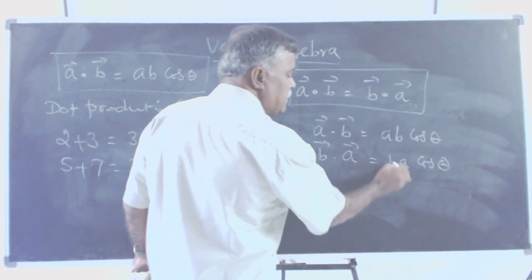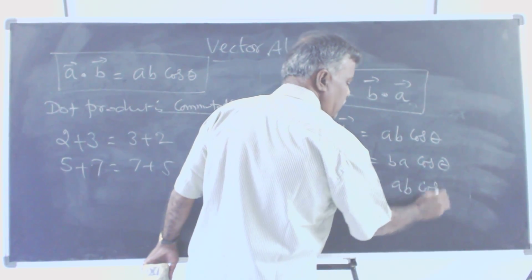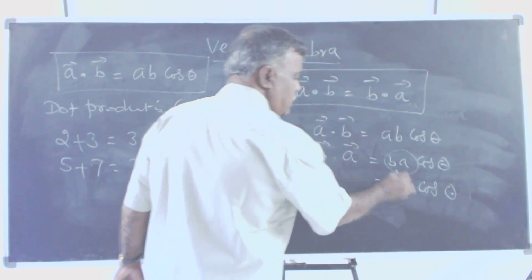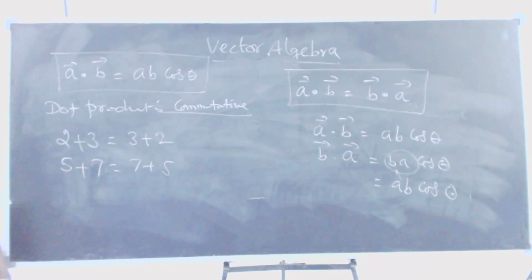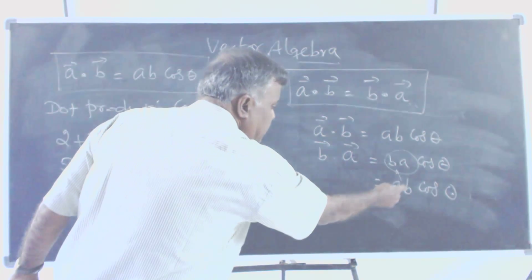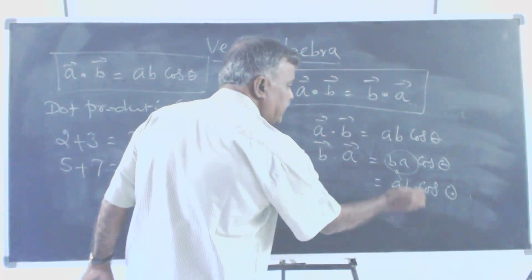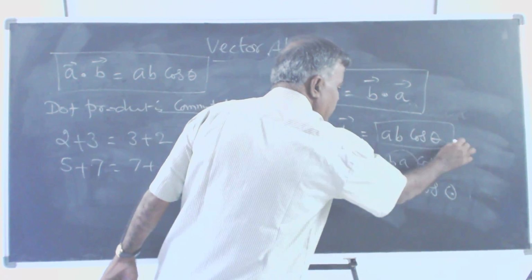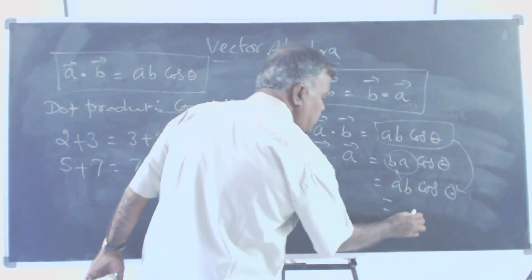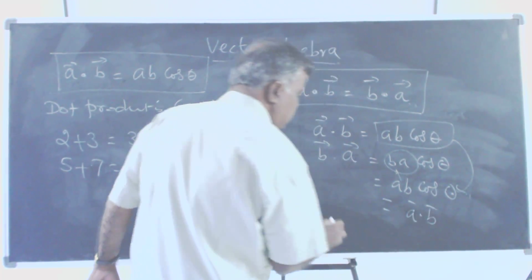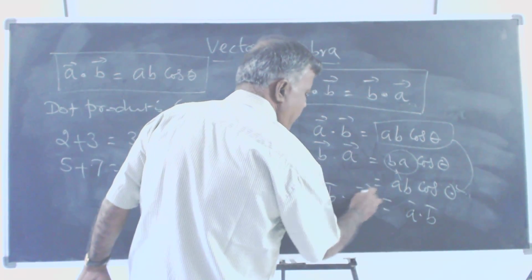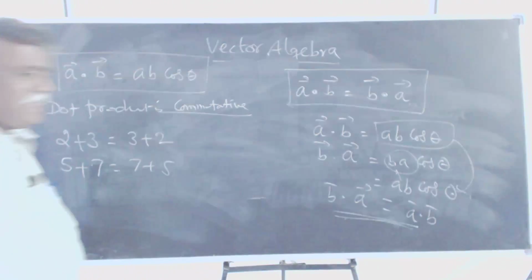BA நாலையும் ஒன்று தான், AB நாலையும் ஒன்று தான். அதனால AB cos theta. இந்த BAவை எப்படி எழுதிருக்கலாம்? மீண்டும் ABன்னு எழுதலாம். அல்ஜிப்ராவில் 3 × 4ன்னா 4 × 3ன்னு எழுதலாம். அந்த மாதிரி AB can be written as BA, BA can be written as AB. So AB cos theta again, இந்த ஐட்டம் தான் இங்கே வந்திருக்கு இல்லையா? அதனால this is nothing but A dot B. So B dot A equal to A dot B.